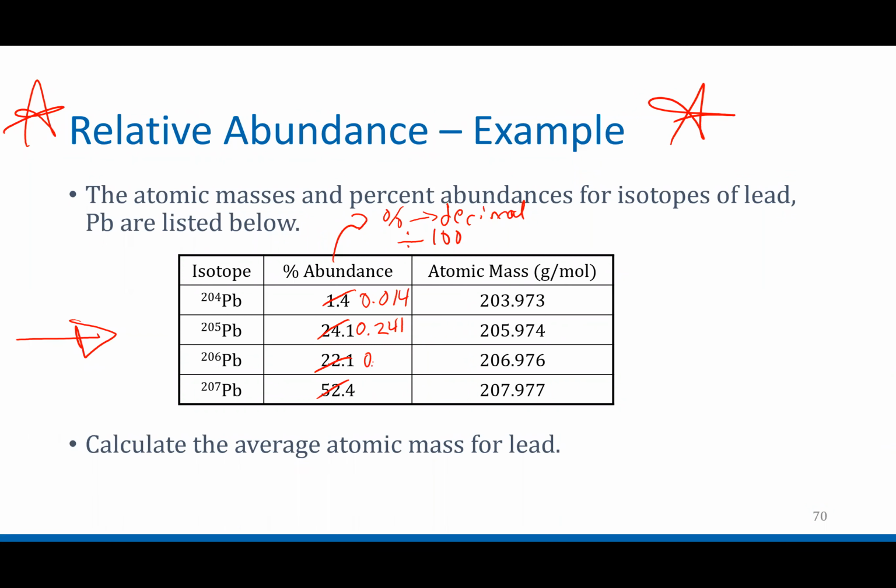This becomes decimal 221, and this becomes decimal 524. Again, all I did was divide by 100. You can do that on your phone, on your calculator, or whatever you want. Or as Sophia mentioned the other day, just move the decimal 2 places to the left.